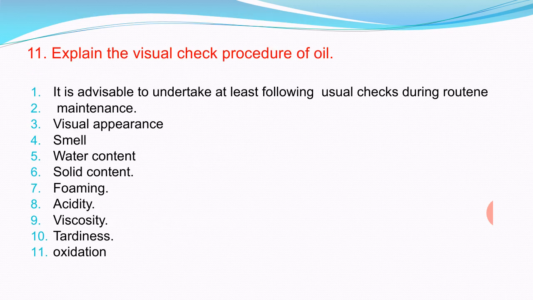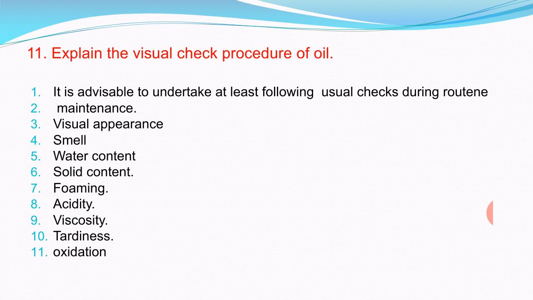Eleventh question, explain the usual check procedure of oil. Hydraulic oil used in the hydraulic system plays a vital role in the performance of the system, so during maintenance we have to check the oil. Under the usual check, see the visual appearance of the oil; depending on that you can decide whether the oil is good or has lost its properties.